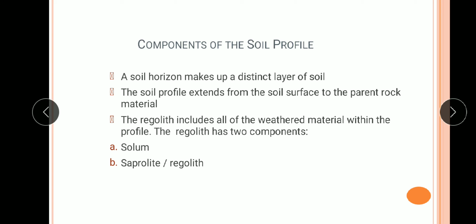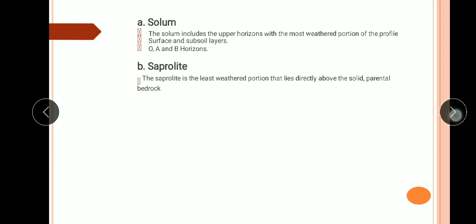The regolith has two components: the solum and the saprolite. The solum includes the upper horizons with the most weathered portion of the profile, the surface and subsoil layers.